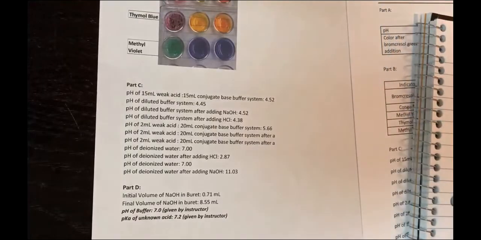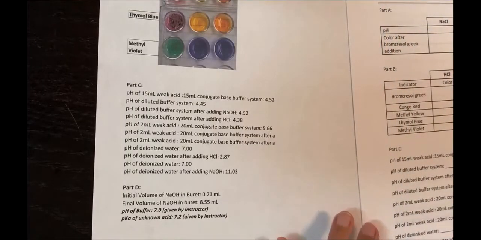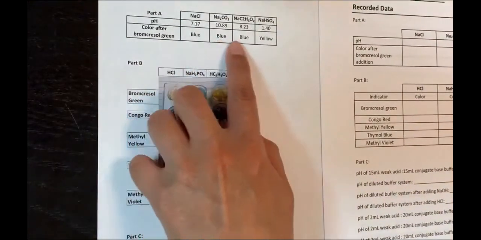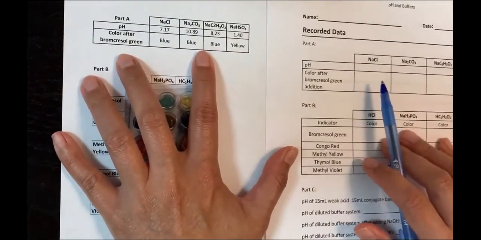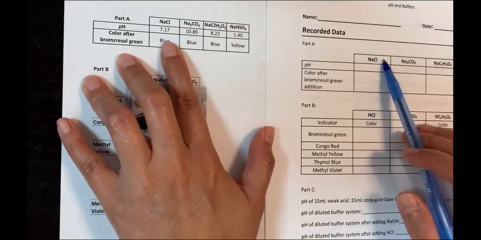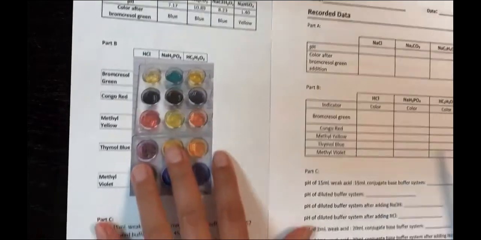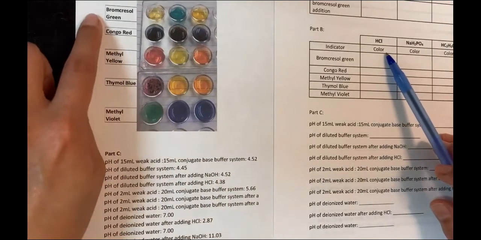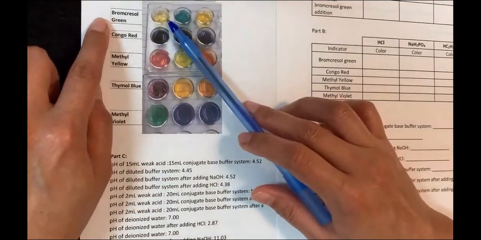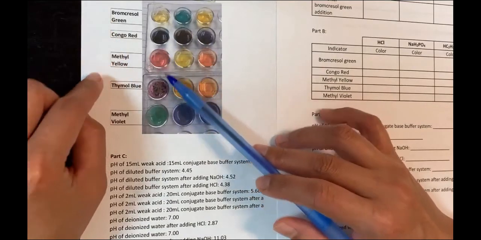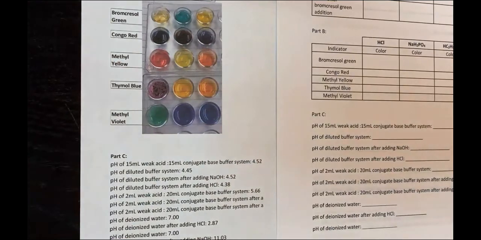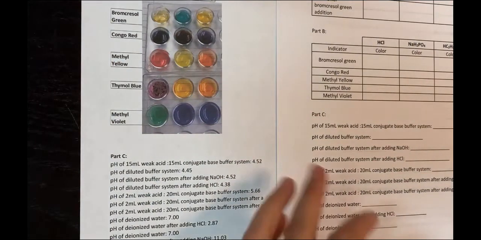Part A has this data, and that goes over here, so it's all matching. Then this is part B's colors, and the brown crystal green tells you whatever color this is. Conjugate is this color. I'm going to walk you through this color a little bit: how can you use this color to get your answer?